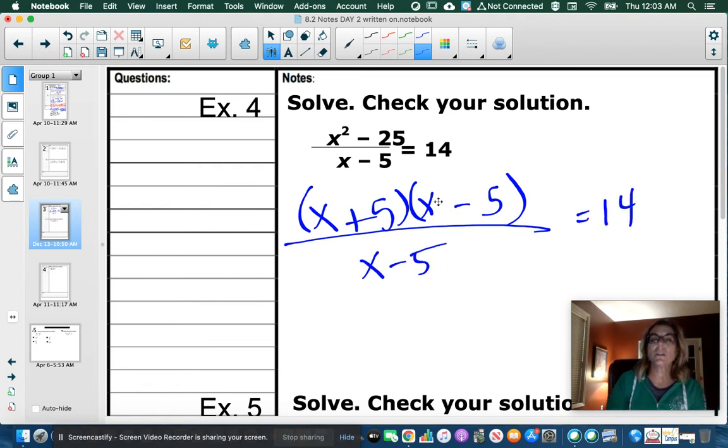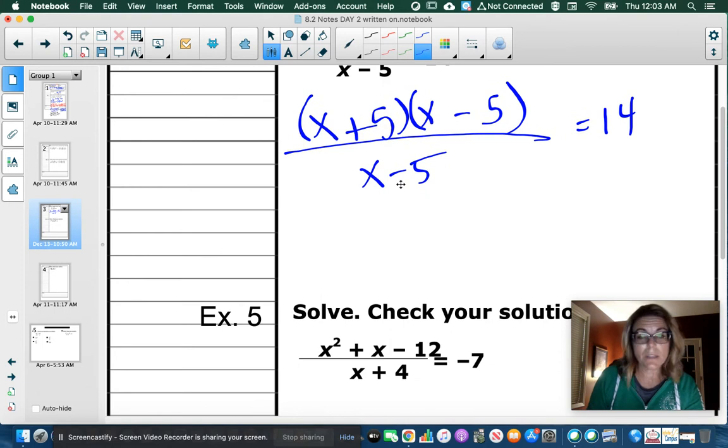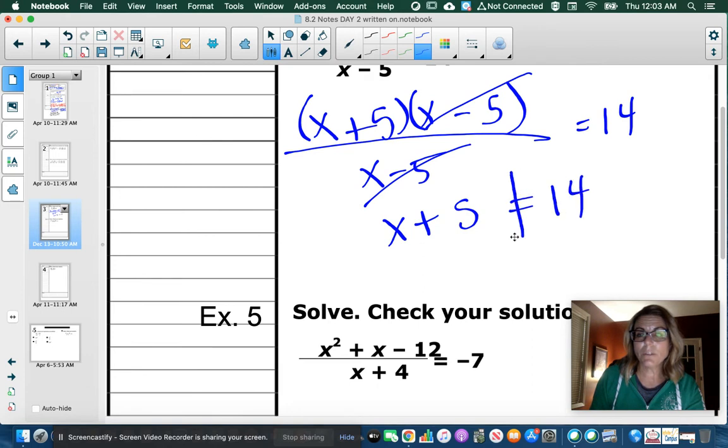And now I look at the left side of the equation. I have an x plus 5 on the top, but not one on the bottom. But those I can cancel. X plus 5 equals 14, and we just finished solving. Minus 5, we get x equals 9.